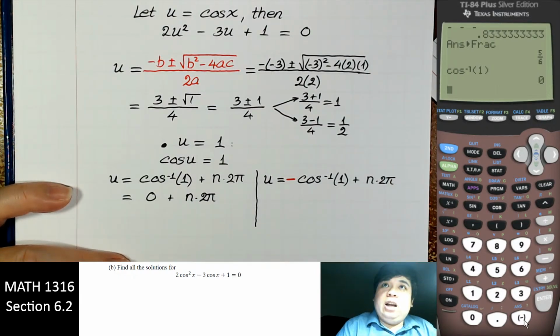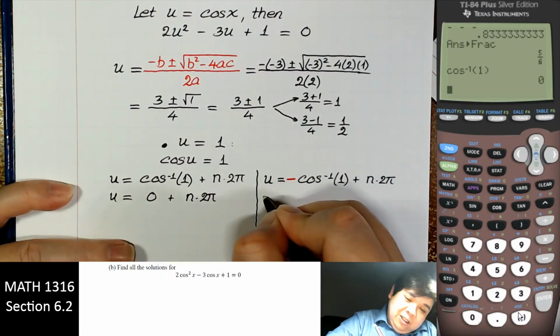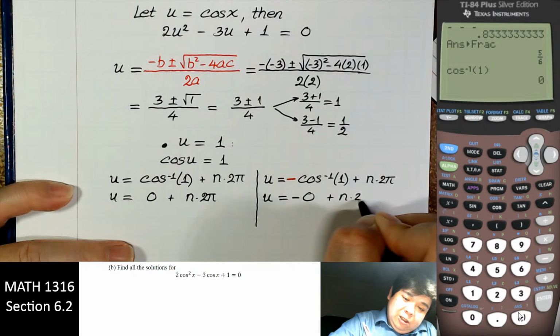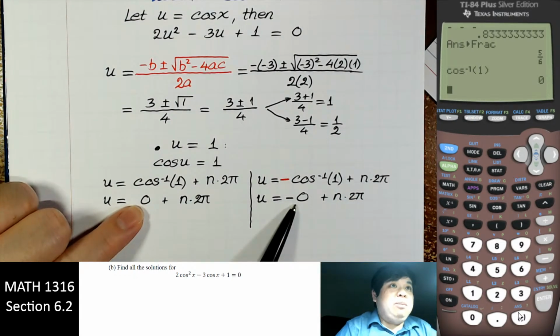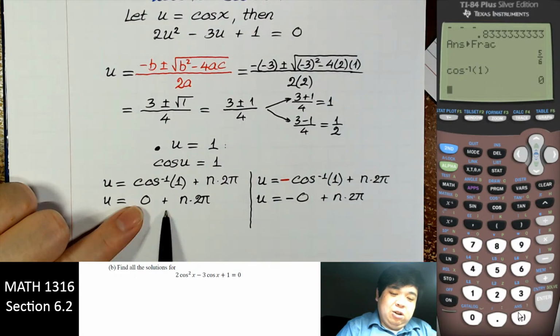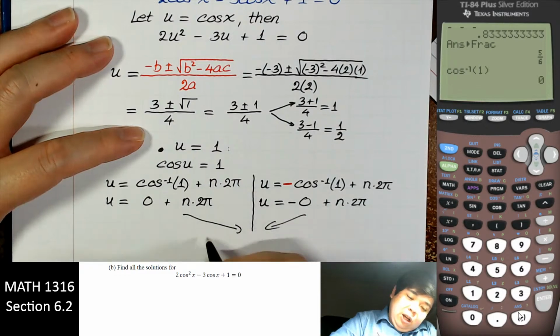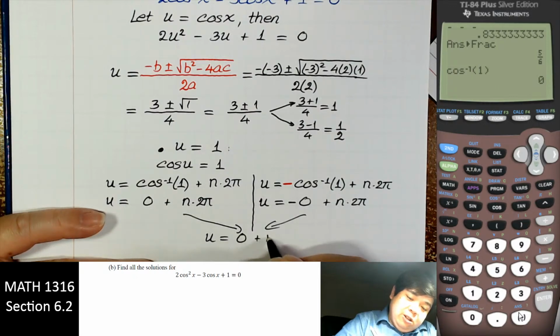And then what is negative? Notice that positive 0 or negative 0, those are the same thing, right? So this we combine together. We just have x equal to, whether we have 0 or negative 0, just 0, or just n times 2 pi.